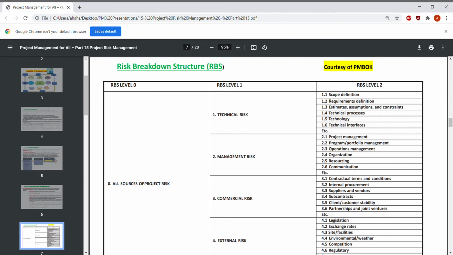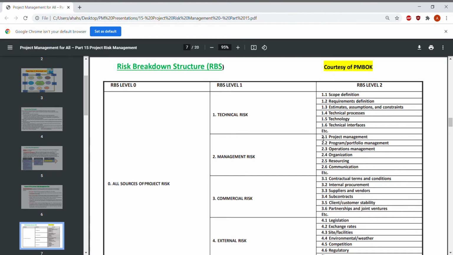And these are the sources of the technical risk. It could be from scope definition, requirements definition, estimates, assumptions and constraints, technical processes, technology, technical interfaces, or some other factors.